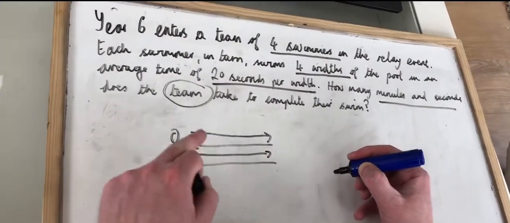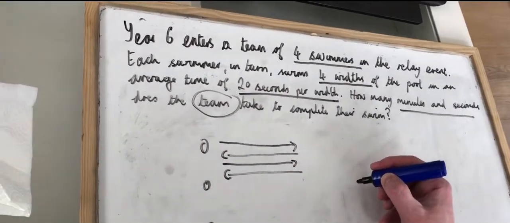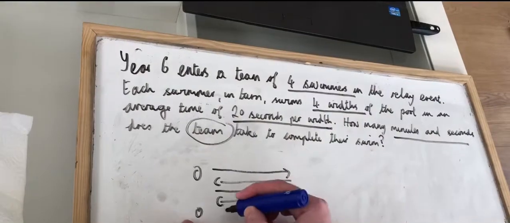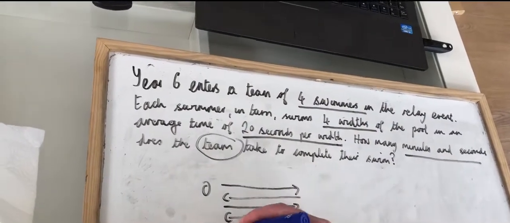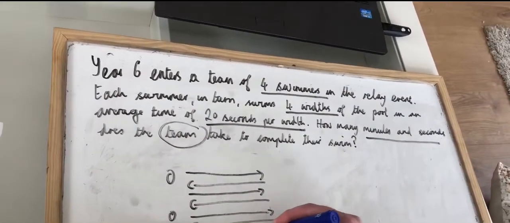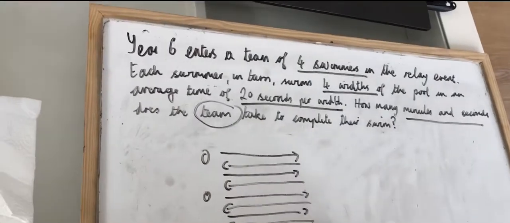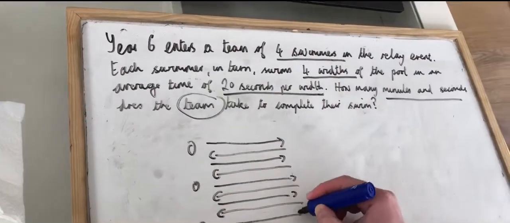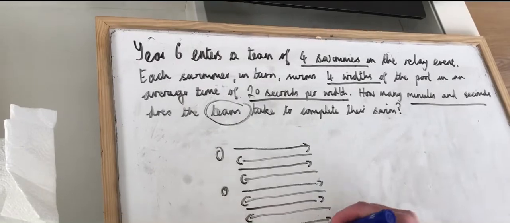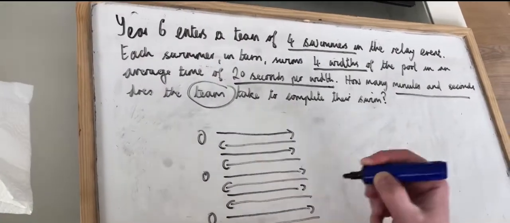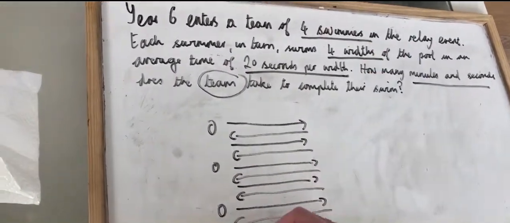So that one swimmer has swum 4 widths. This swimmer also swims 4 widths. 1, 2, 3, 4. This swimmer swims 4 widths. 1, 2, 3, 4. And then this swimmer swims 4 widths.